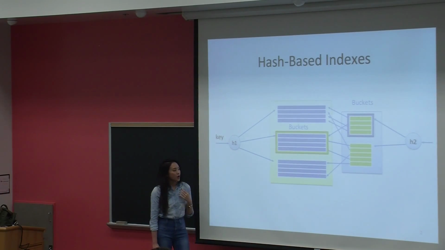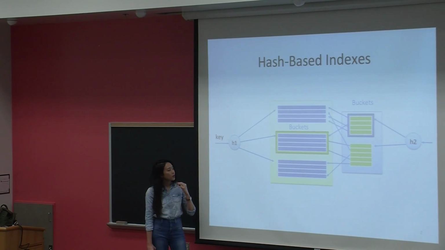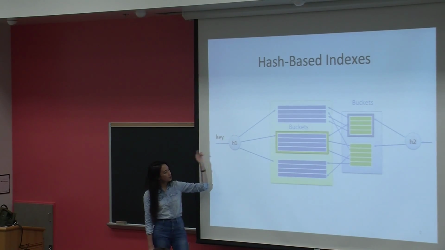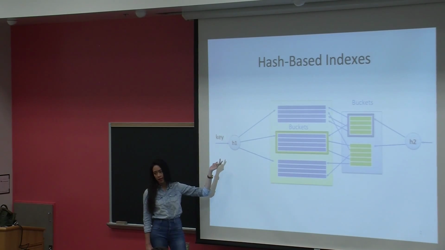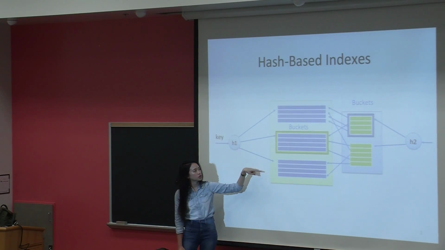Last time, we were working through the example where we took the input and converted it into binary and looked at the least 2 significant digits. And then that directs us to different buckets.